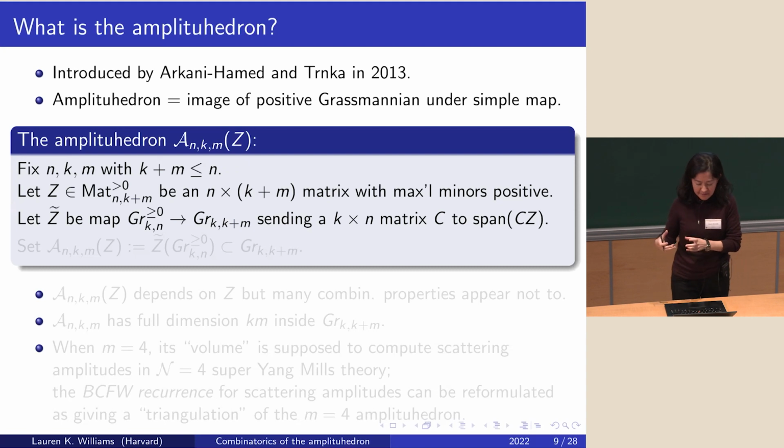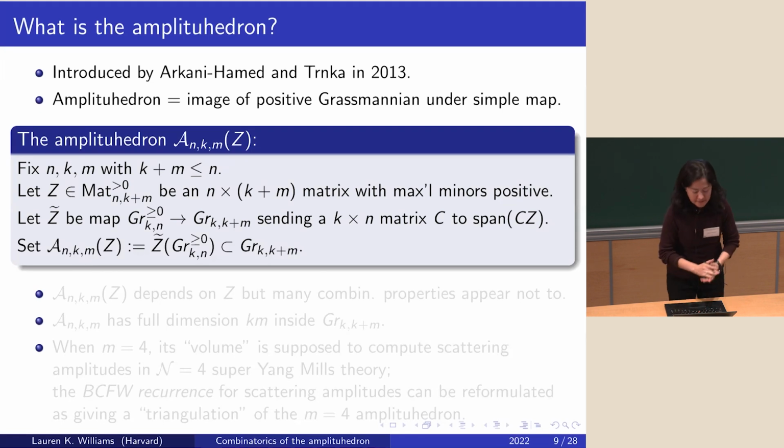It's a lemma that CZ is full rank, and so it represents a point in the Grassmannian of k-planes in k plus m space. So that's my map Z tilde. And then the amplituhedron is simply the image of the positive Grassmannian under this map. Okay, and by definition, this is a subset of the Grassmannian of k-planes in k plus m space.